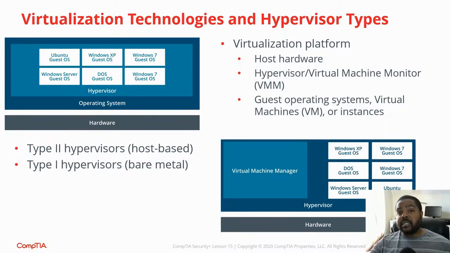That's where things like VirtualBox or VMware platforms come into play, where you download it on your personal PC, and then you can spin up a Mac OS on a Windows platform on your personal machine. So that's type 2 hypervisors.